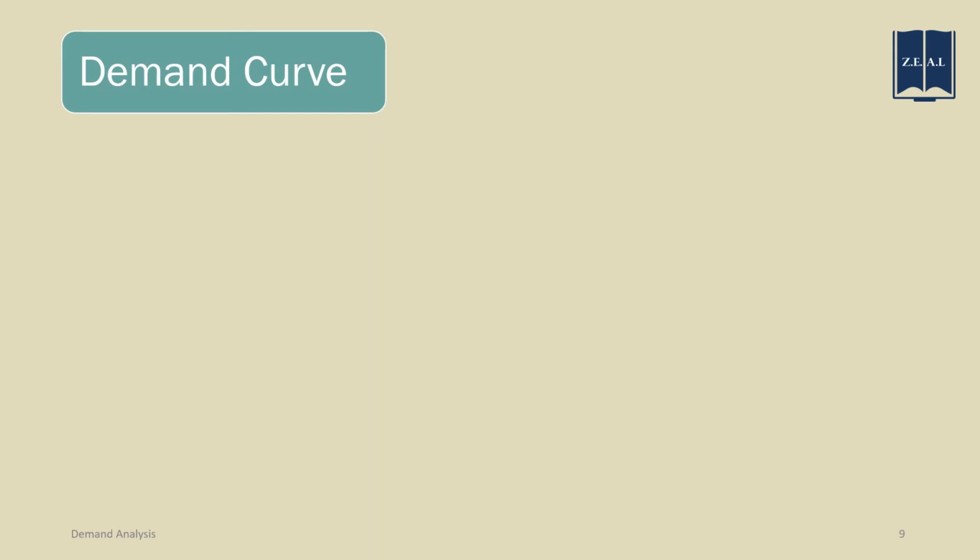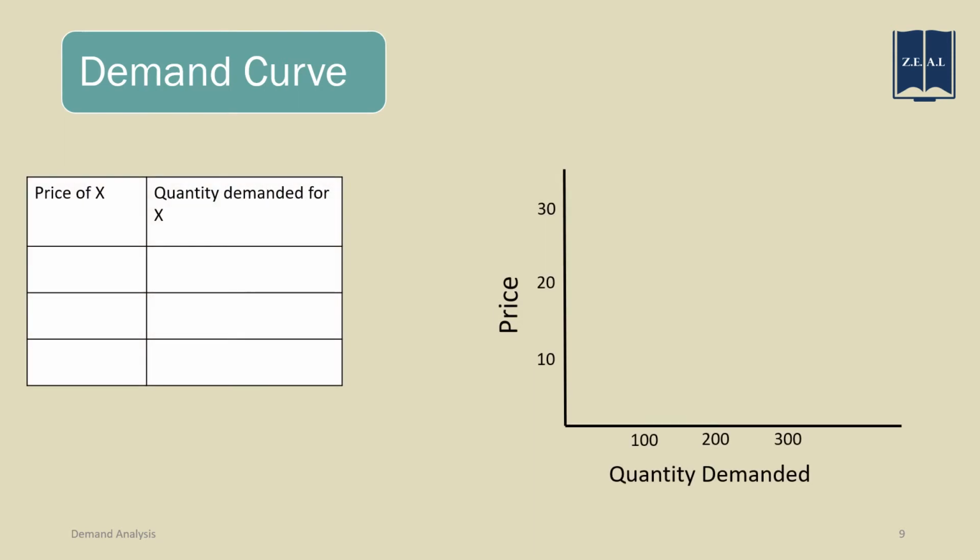In this slide, we will be deriving the demand curve for commodity X. Suppose you go to buy commodity X. When the price is 10, you will demand 300 units of X. As we know, while the price increases, the quantity demanded will decrease. We plot the price and quantity in the graph.